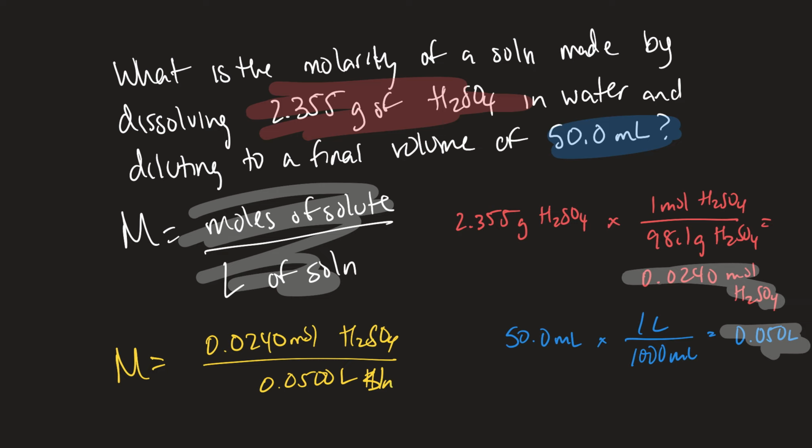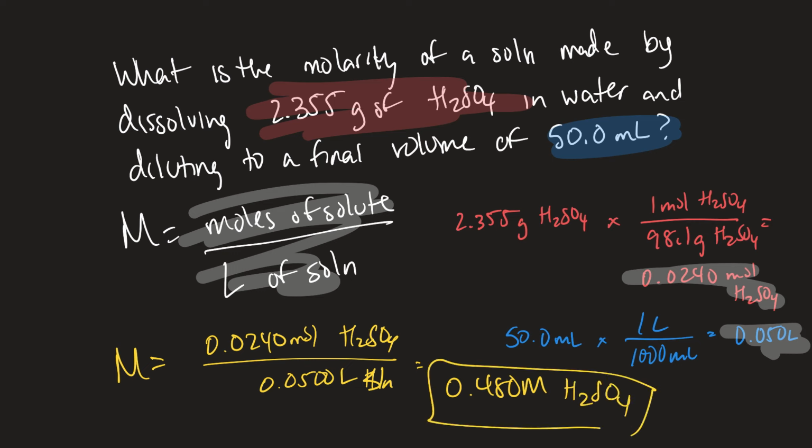If I do that, really just divide, you'll get the answer to be 0.480 molarity of sulfuric acid, H2SO4. So that's the final answer here.